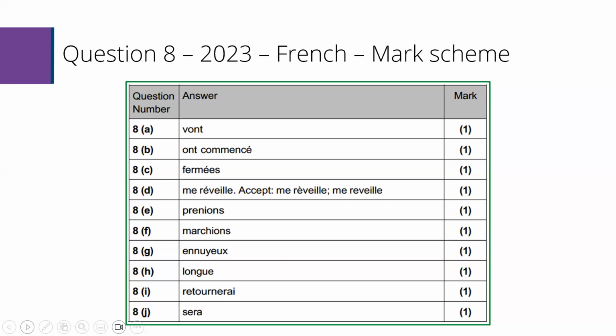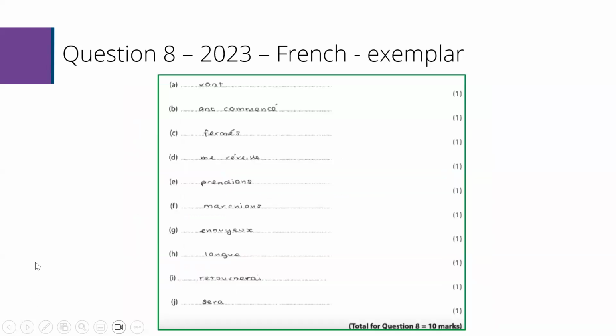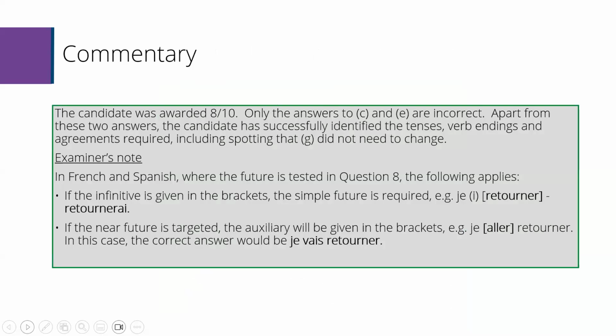Okay, so provided it works and it fits and it makes sense and it's unambiguous, those will be accepted. And there we've got an example of some candidate work and what the candidate needed to do. Okay, and we're given some information.